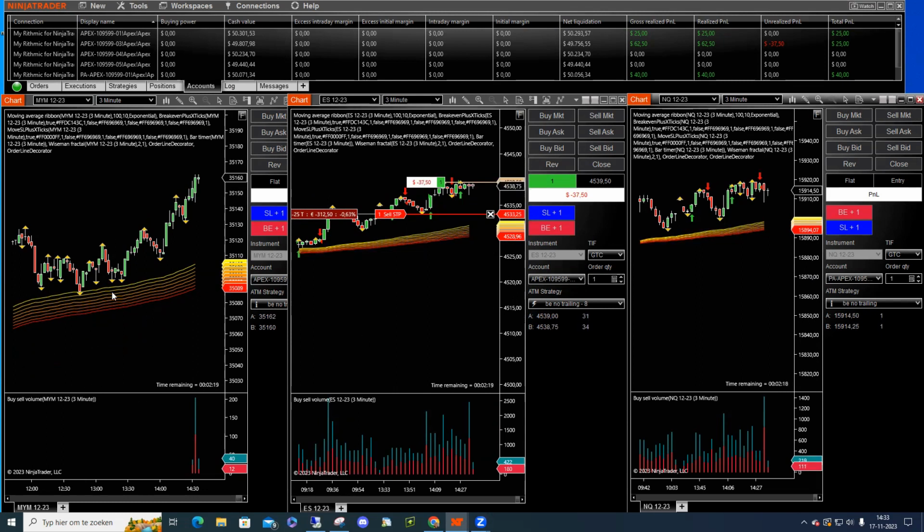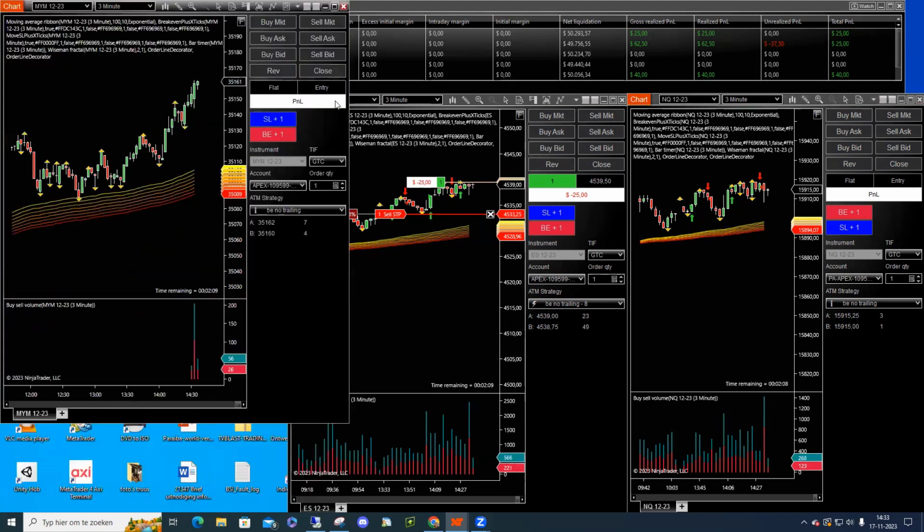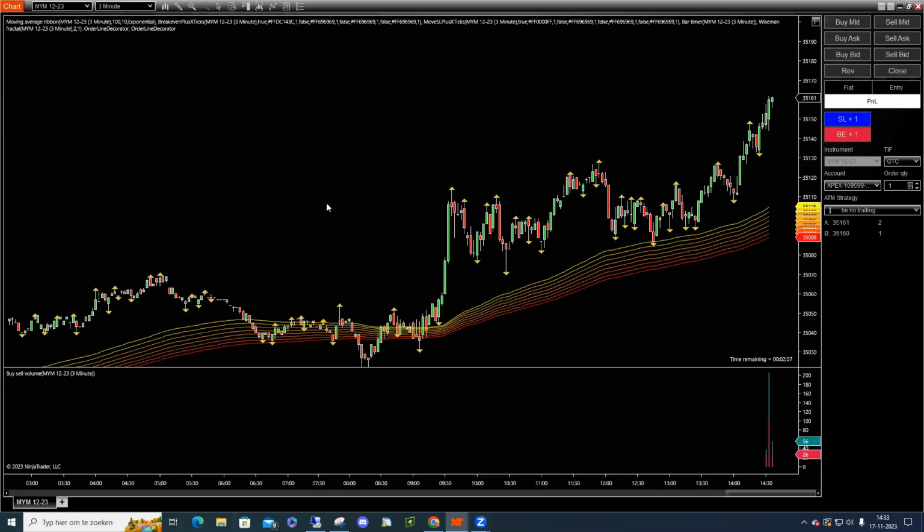Now, what I have here is a ribbon that is basically a bunch of moving averages. And why do I like them? If they are close together, there's not a lot of momentum. And when they expand, it basically means that the momentum is increasing.